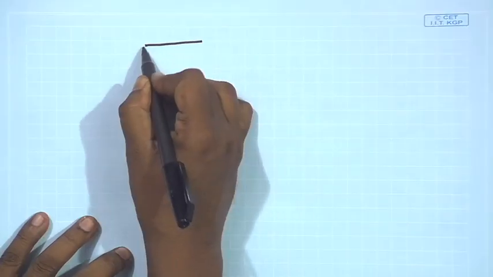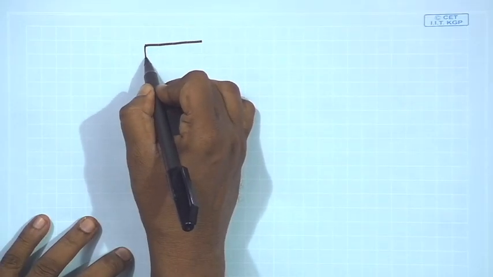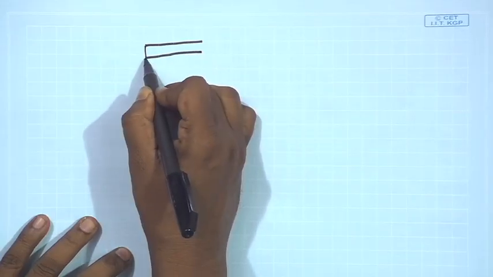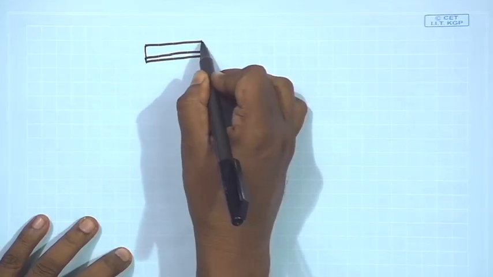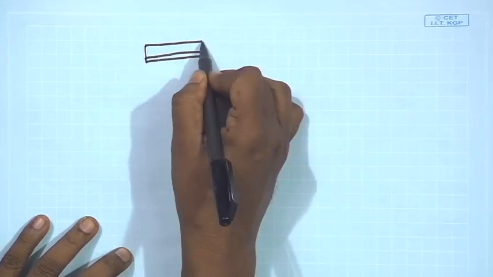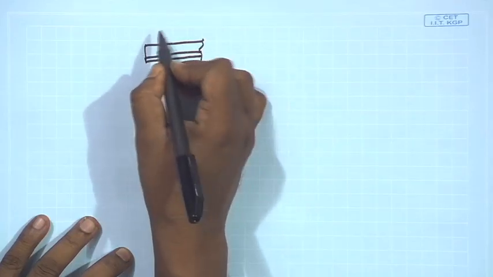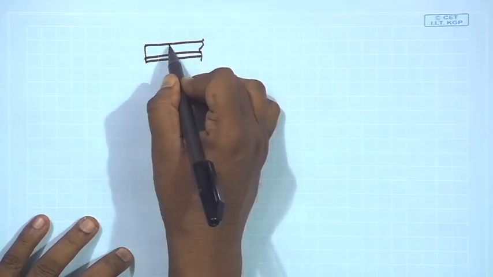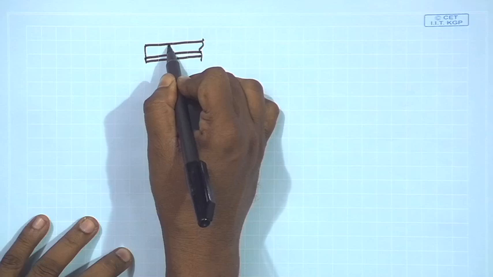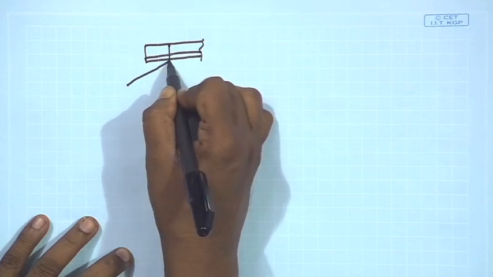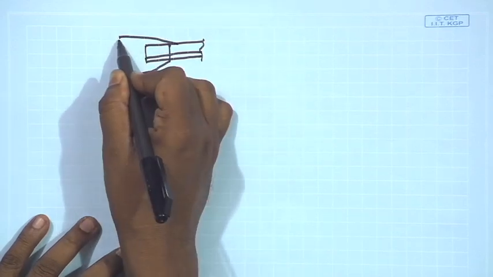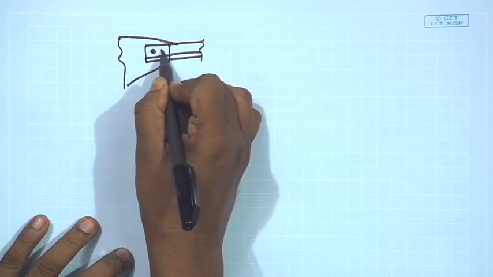So, 2 bolts means if I see this member, if two members are connected with a gusset plate, say for example like this, then 2 bolts are connected.